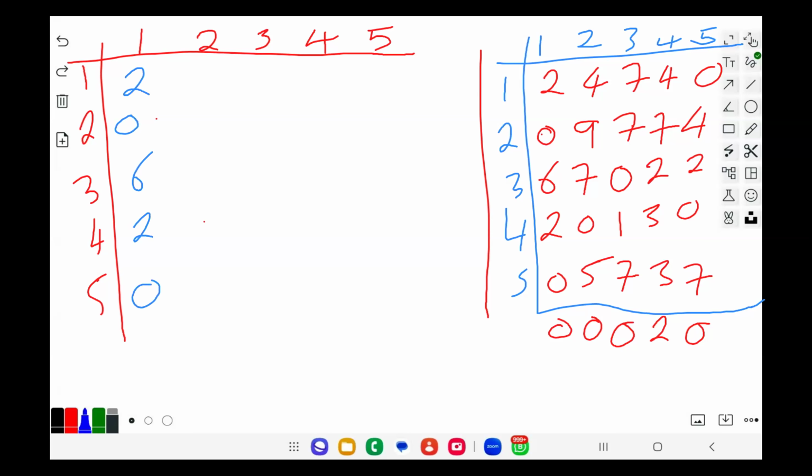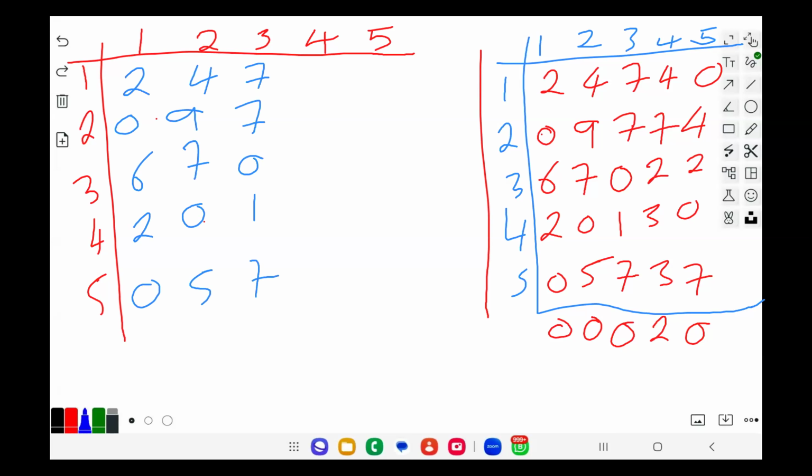Where we're just deducting 0, they will just be the same. 4 minus 0, 4, 9 minus 0, 9, 7 minus 0, 7, 0 minus 0, 0, 5 minus 0, 5. You're following? 3, 7 minus 0, 7, 7, 0, 1, 7.